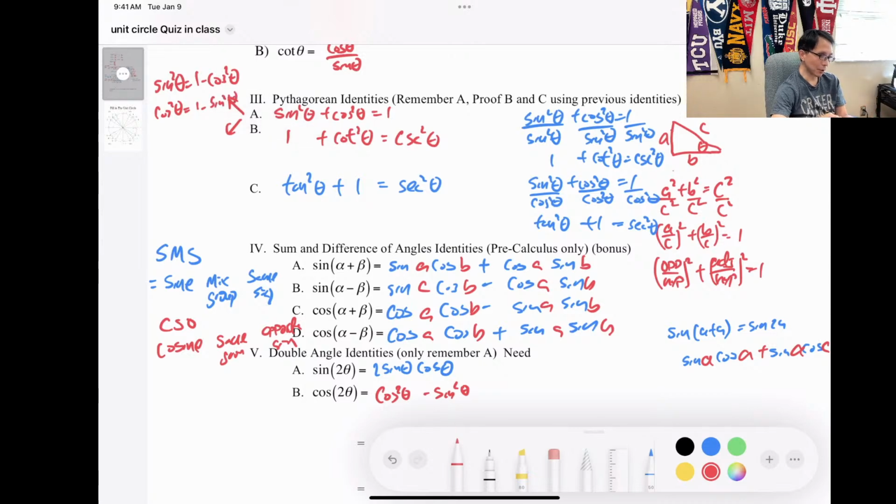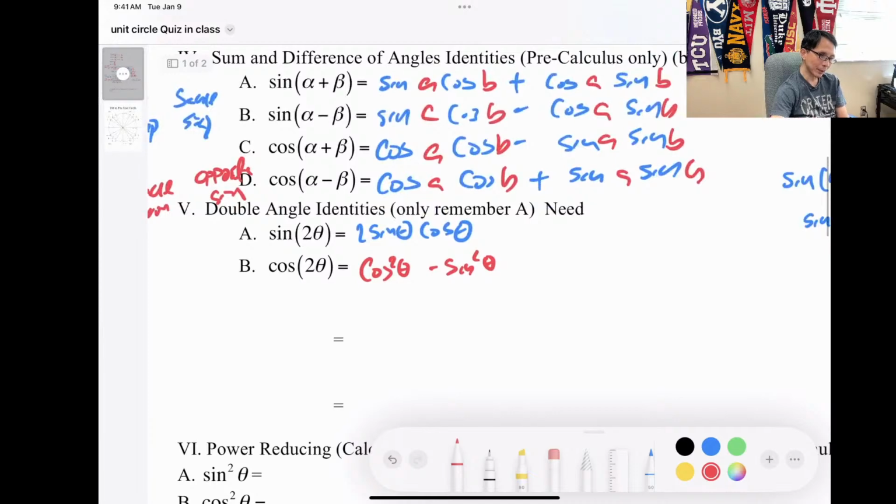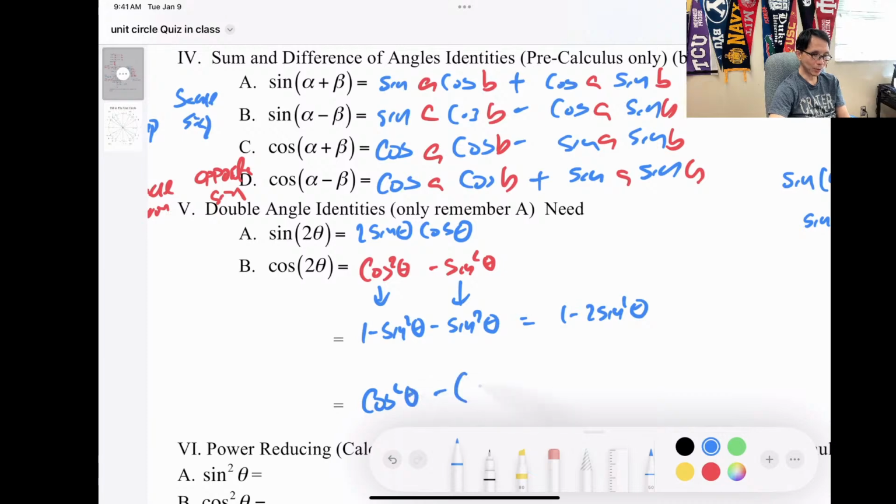You're going to replace that. So imagine I replace this with 1 minus sine squared theta, and this is just minus sine squared theta. That's the second version: 1 minus 2 sine squared theta. I just replace one with the other. Now, instead of replacing the cosine squared, I'm going to replace the sine squared. So it's cosine squared theta minus 1 minus cosine squared theta. That's how you get 2 cosine squared theta minus 1.